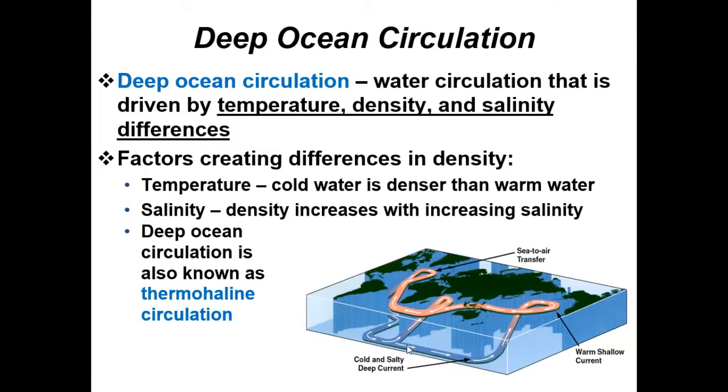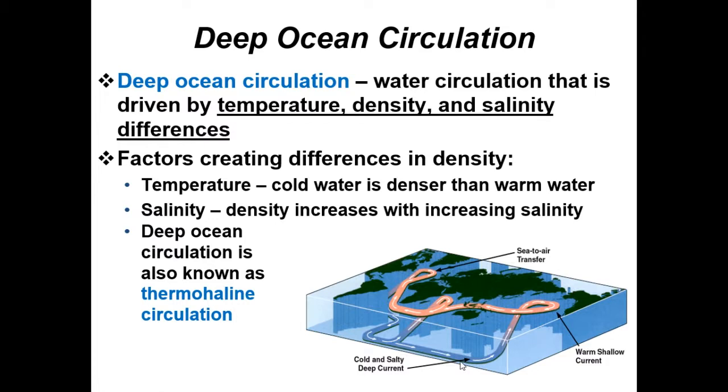The reason that happens is that as it moves south, the water cools down. As a result of cooling down, it becomes denser, and it becomes more saline. That's why you're seeing this bluish color down by Antarctica.